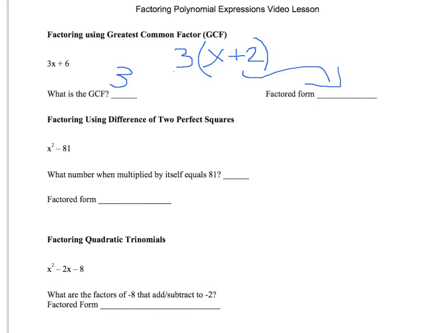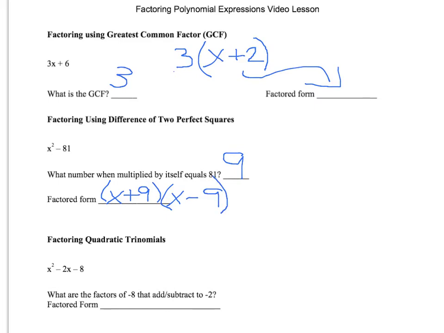In this case, what number multiplied by itself equals 81 is a 9. Therefore, my factored form, and you have done ones like this before, will be x plus 9 times x minus 9.